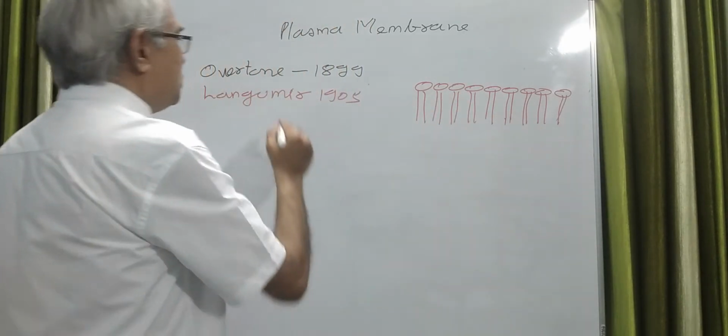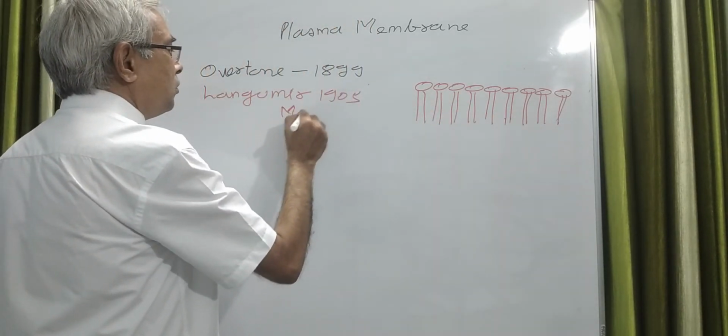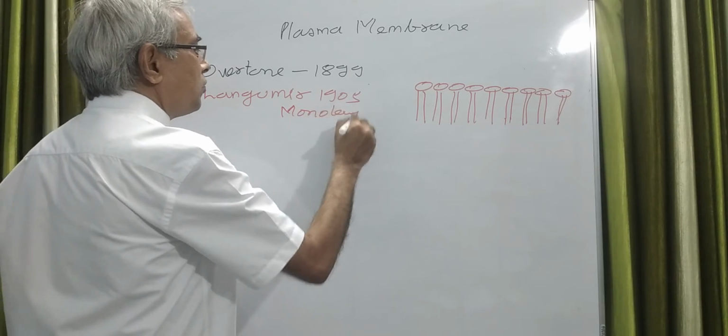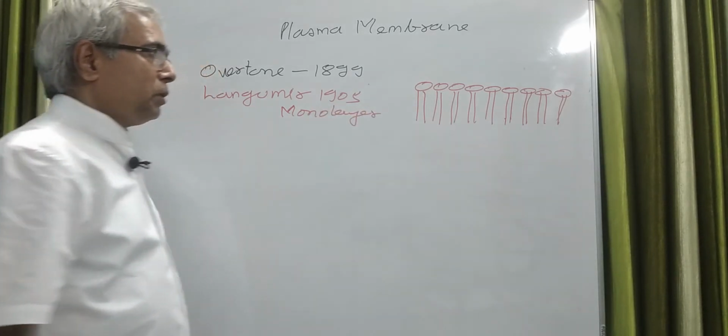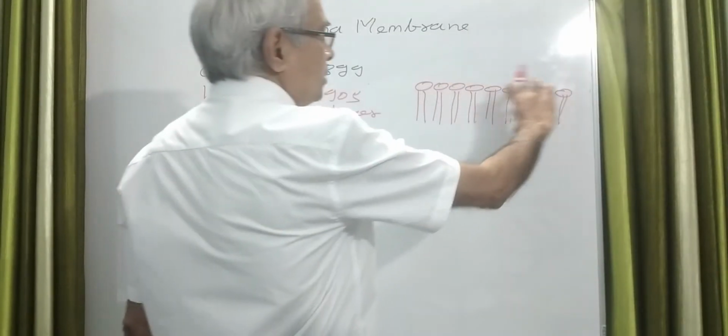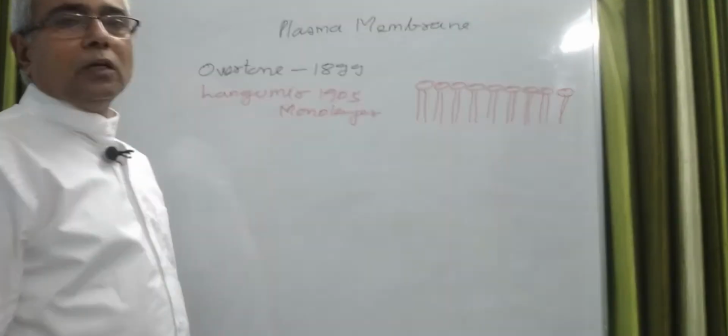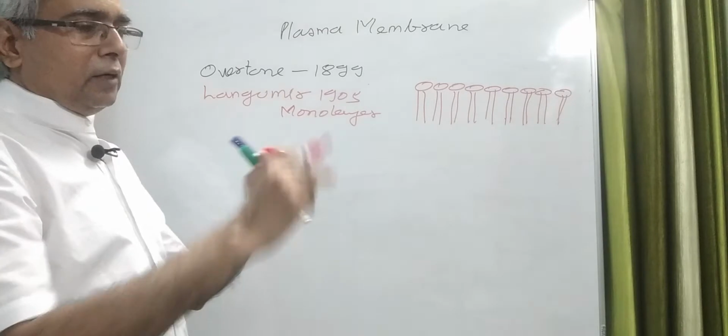This is the monolayer model. He proposed a monolayer model. These are the phospholipid molecules which form a single layer around the cell.